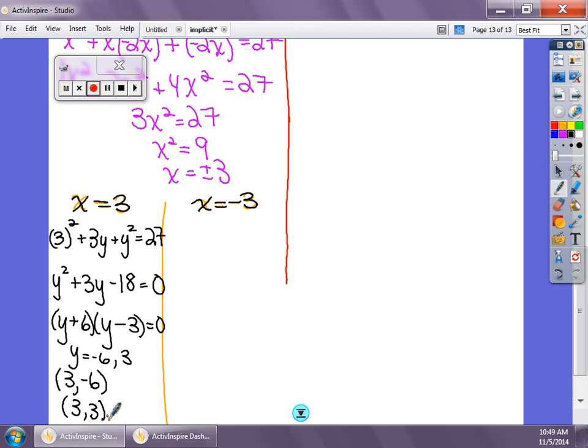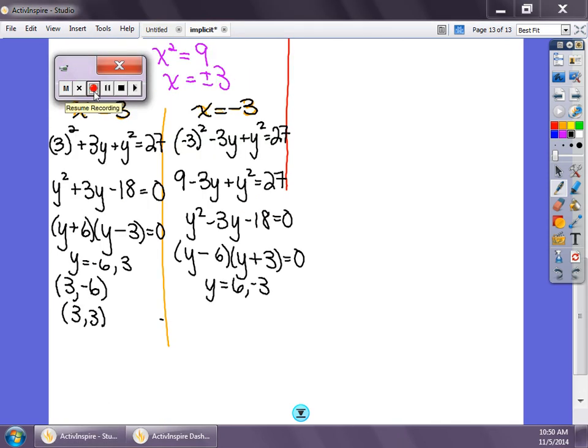Now I do it again where x equals negative 3, and I'm plugging in for the x value into the original equation. So over here, we get negative 3 squared minus 3y plus y squared equals 27. Solve that quadratic to get your answers.